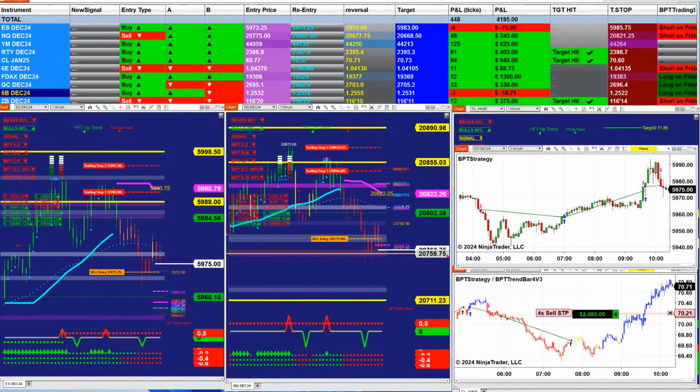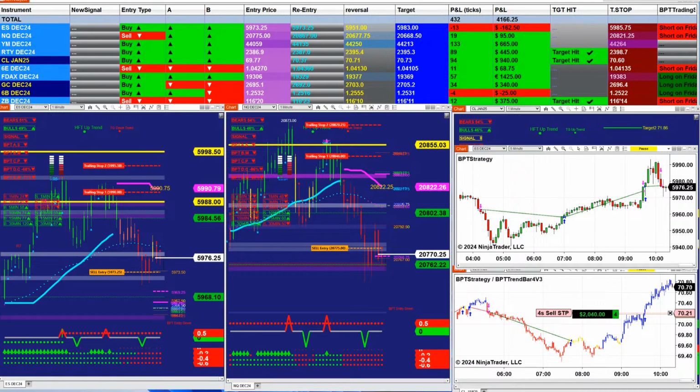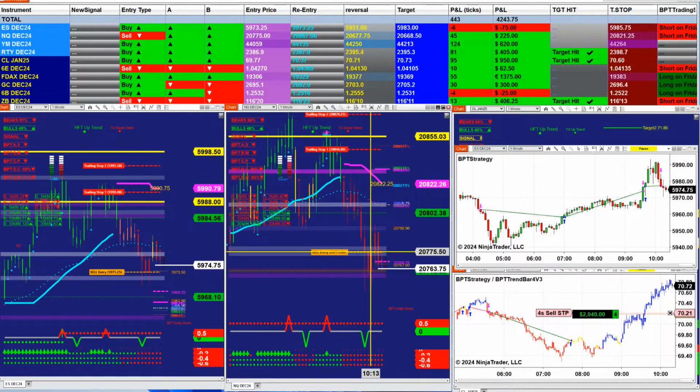Let's see if this time it's gonna break it. It just stopped. Cannot figure direction. This is the resistance and this is the support, and it cannot find direction.